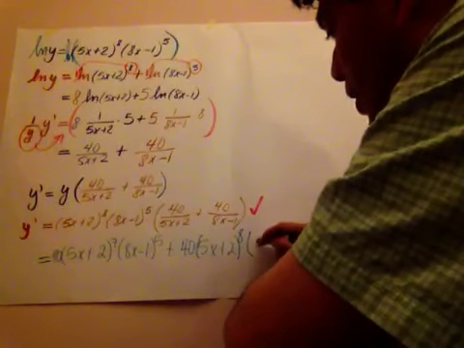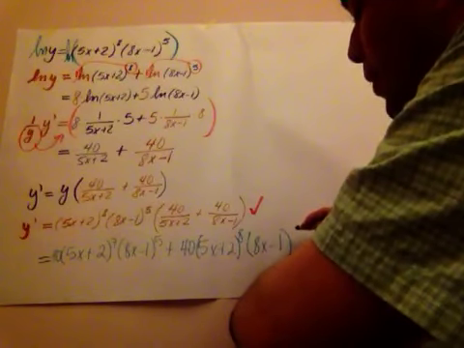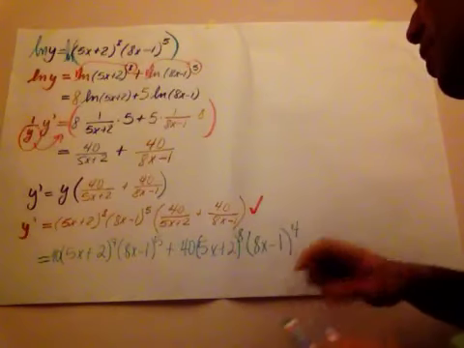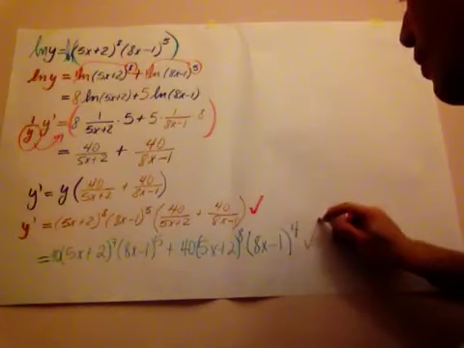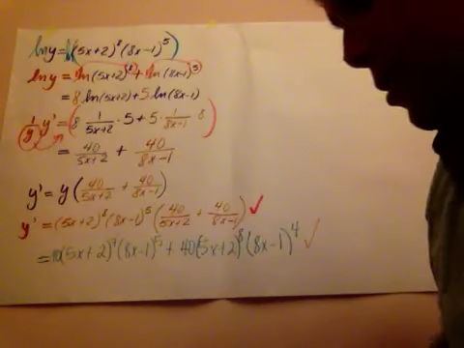So that would be (8x minus 1) to the power of 4. And that's another answer. And of course you can still get a common factor.